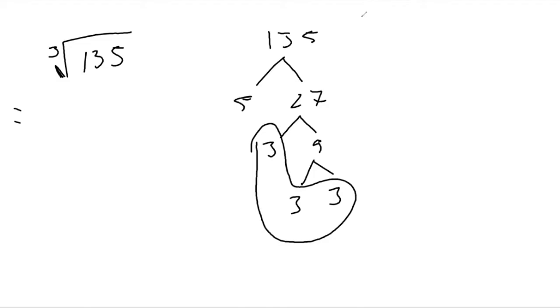So we get to bring this 3 outside the cube root, and whatever didn't have a group of 3 will remain in the cube root. So our final answer would be 3 times the cube root of 5, because the 5 is all that's left over.